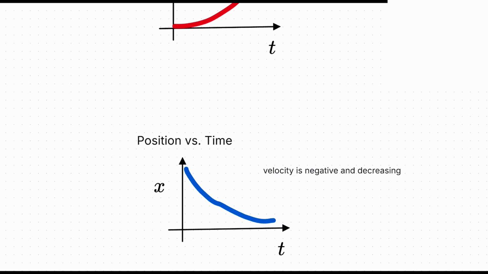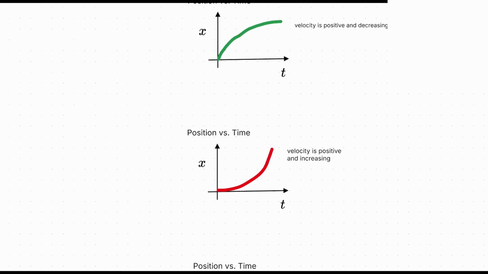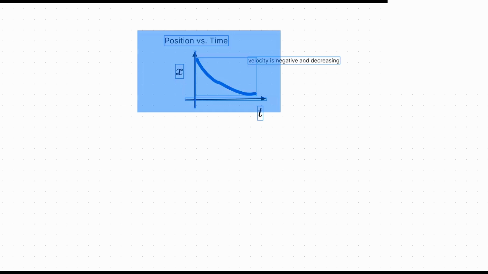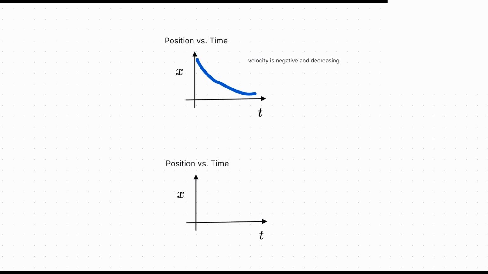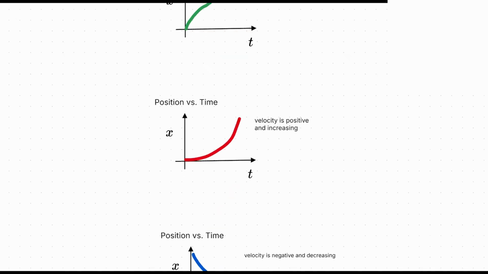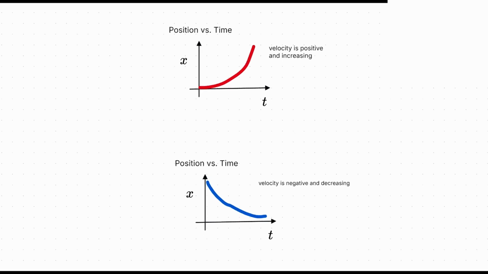Last, so we have these three. For the last one, let's copy this. What about if it's something like this? This is different from the ones above. What can we say about this graph?